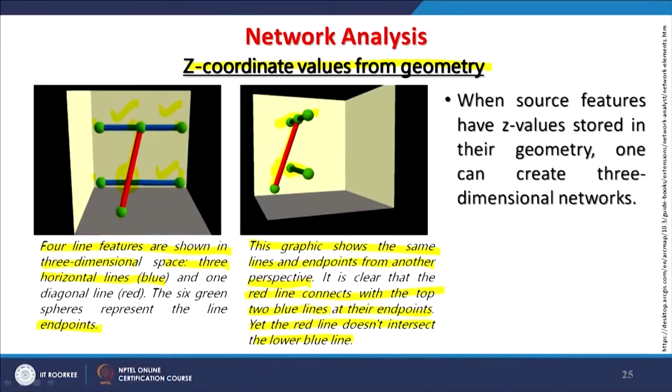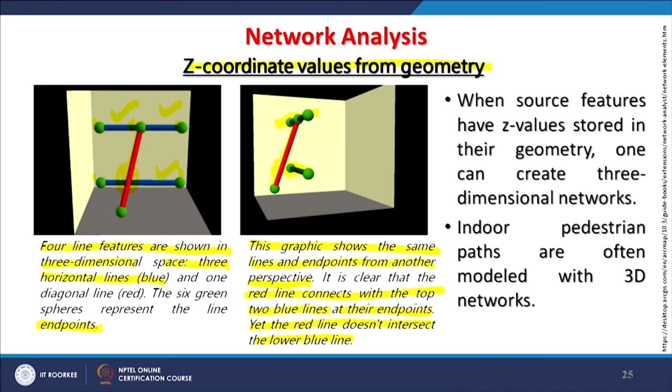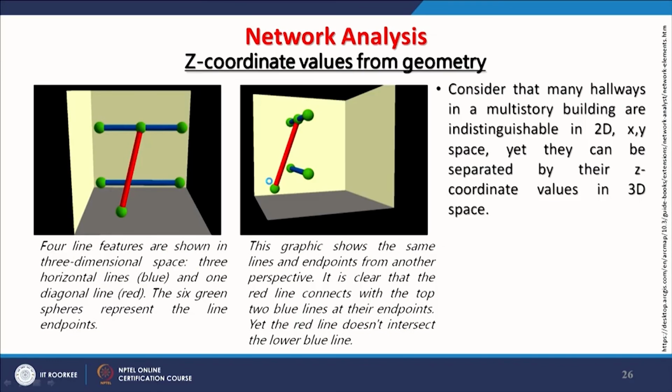So, when source features have z values stored in their geometry, one can create 3-dimensional networks like the example given here. Indoor pedestrian paths, in subsurface or underground conditions, are often modeled in 3D. And consider the many hallways in a multi-story building, like the huge malls coming up nowadays.